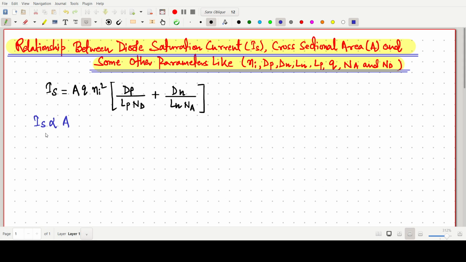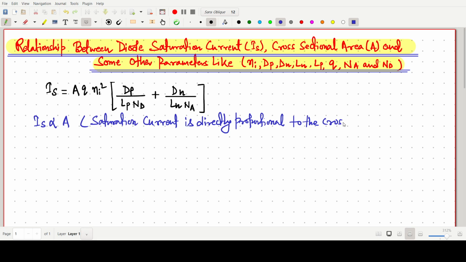This is the very first observation, that the saturation current is proportional to area.